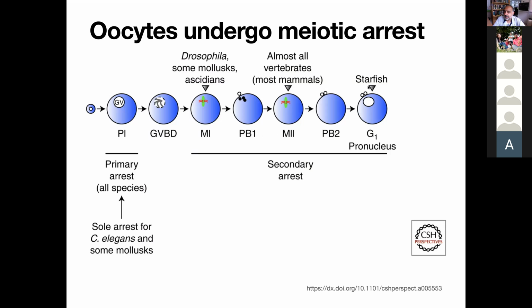I did not know this. Okay. I heard about it in mammals. Yeah. So in mammals, this meiotic arrest is fairly famous, but almost every species undergoes a meiotic arrest.